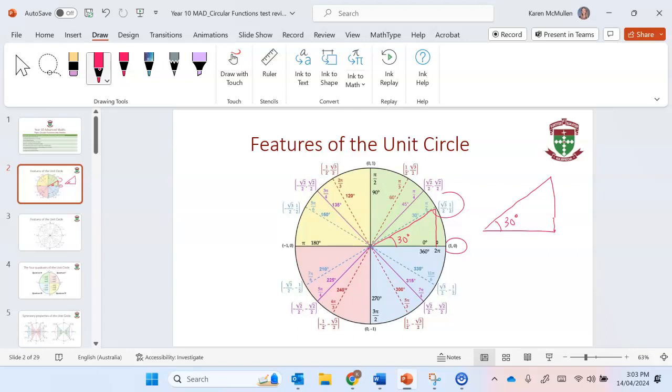This side is our hypotenuse, this is our opposite side, and this is our adjacent.